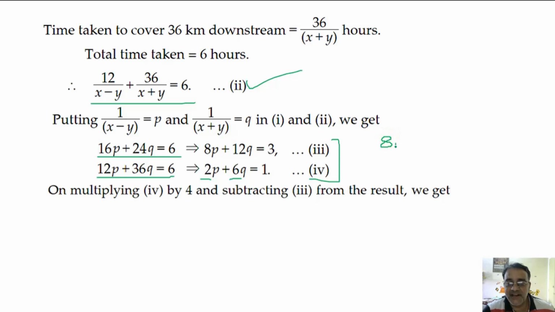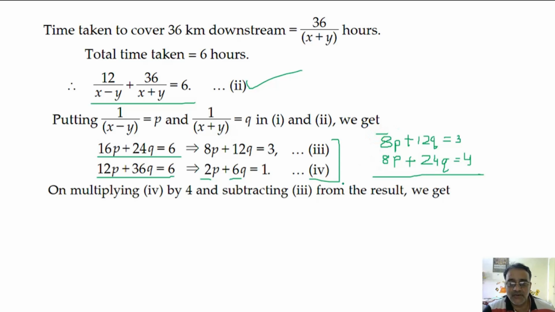First equation is 8p plus 12q is equals to 3. Okay, second equation will become 8p plus, if you multiply with 4, you will get 24q is equals to 4. Now subtract.